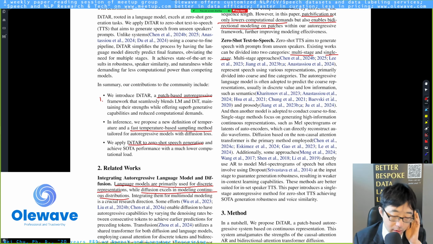Imagine this, and then they say, okay, the single-stage method just focuses on one thing, which is generating high-information continuous representation, which reduces the error propagation in the multi-stage method.